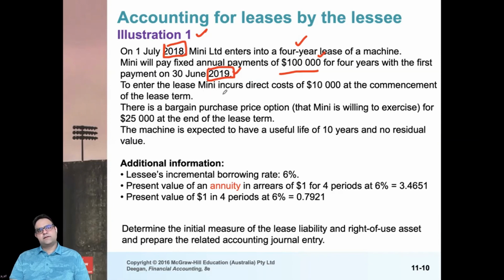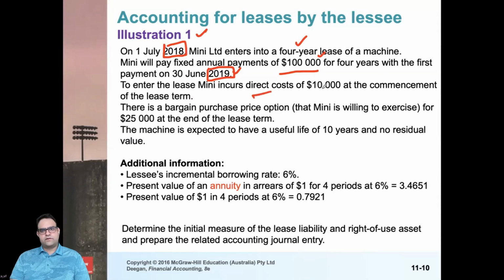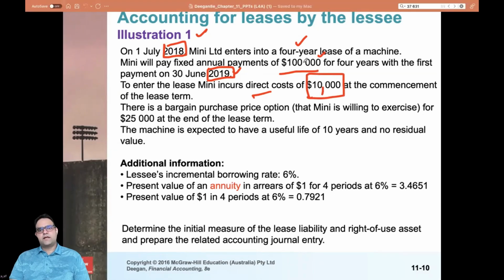To enter the lease, Mini incurred some direct costs and some indirect costs, for example $10,000 at the start of the contract. What that means is that maybe they have to pay lawyer fees to make this contract happen. So we will see, apart from the annual fees, what the treatment will be for the direct costs.